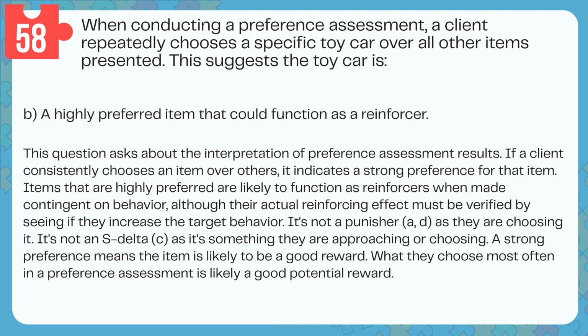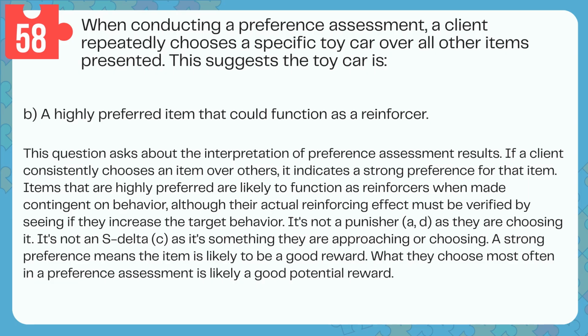Answer B. A highly preferred item that could function as a reinforcer. Explanation. This question asks about the interpretation of preference assessment results. If a client consistently chooses an item over others, it indicates a strong preference for that item. Items that are highly preferred are likely to function as reinforcers when made contingent on behavior, although their actual reinforcing effect must be verified by seeing if they increase the target behavior.